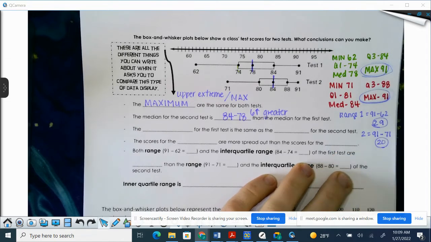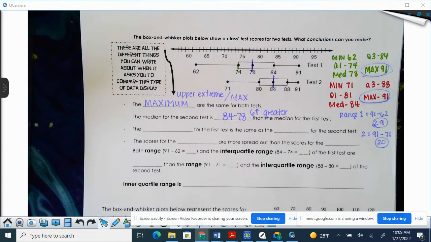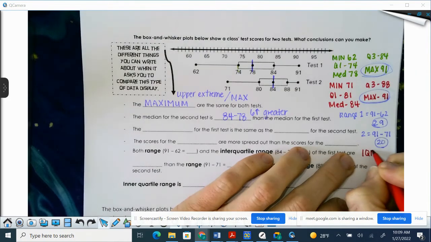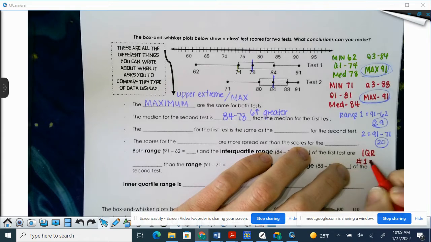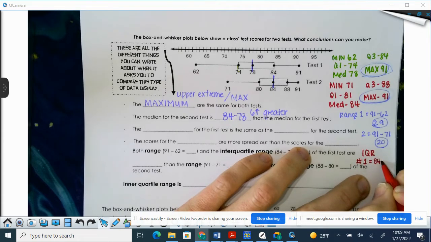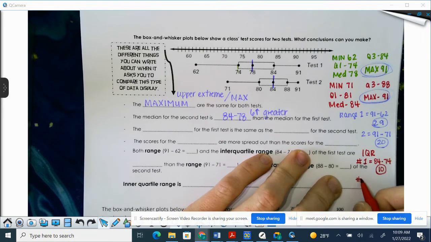So then let's talk about IQR, which is Q3 minus Q1. So for test number 1, it's 84 minus 74, which is 10. For test number 2, it's 88 minus 80, it's going to be 18.